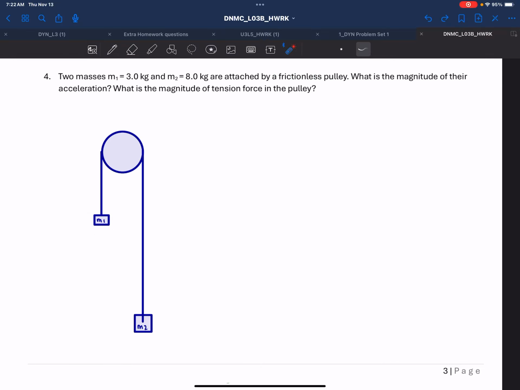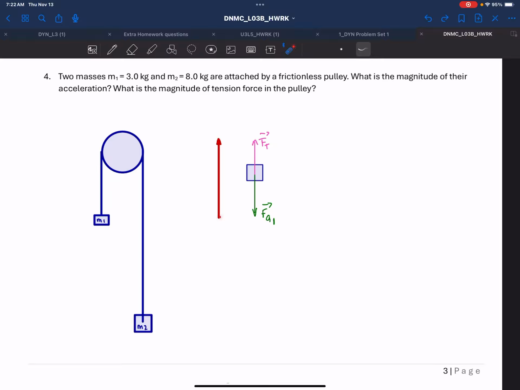I'm going to start off by first drawing the mass M1 and the present forces, which are going to be the force of gravity on M1. Now, the force of tension will be along the rope, and it will oppose the gravity.